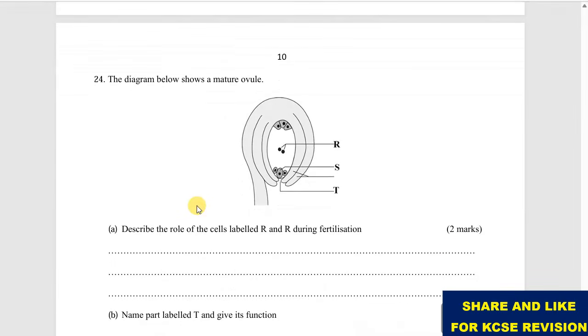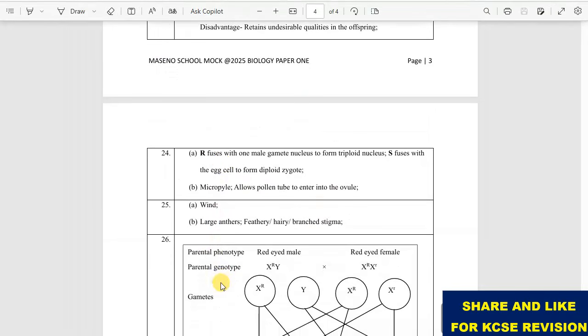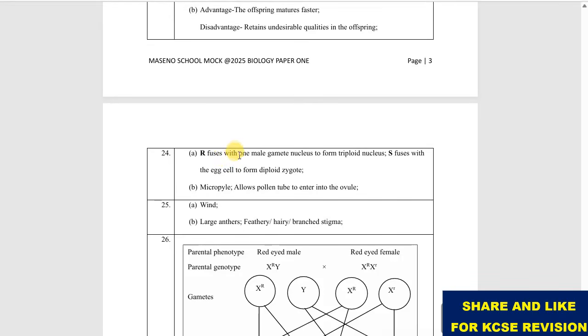The diagram represents a mature ovule. Describe the role of the cells labeled R and S during fertilization. R fuses with one male gamete nucleus to form a triploid nucleus.